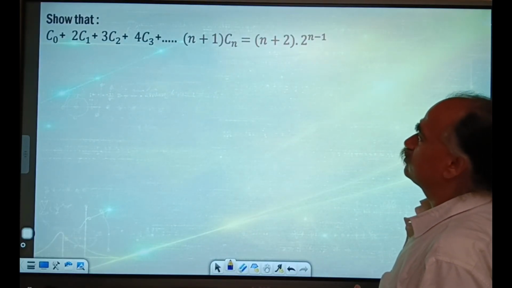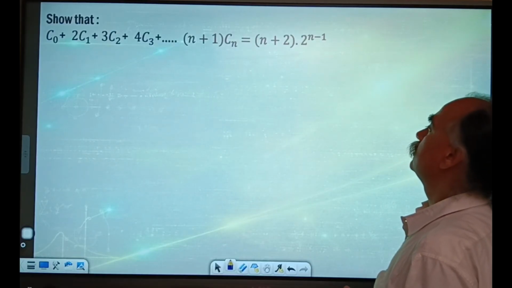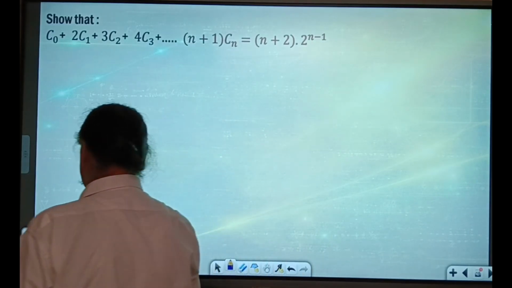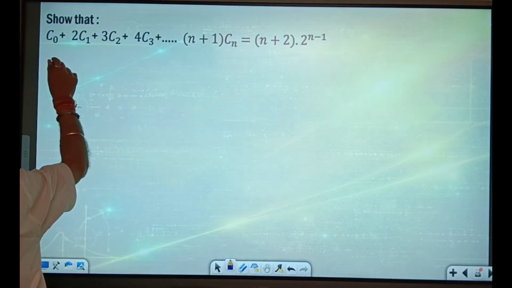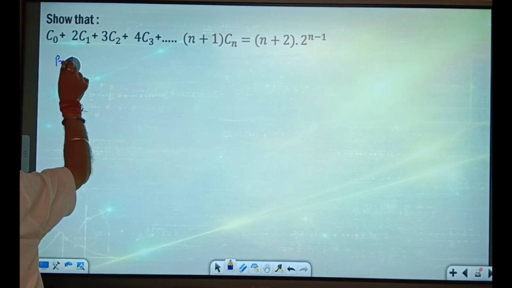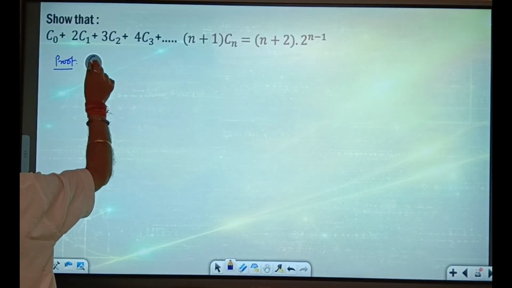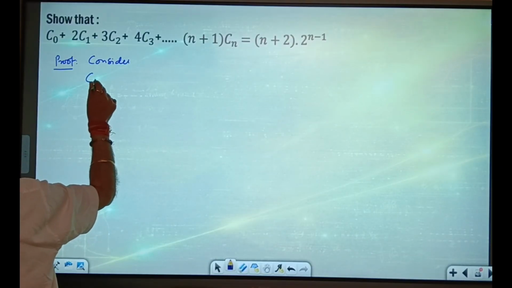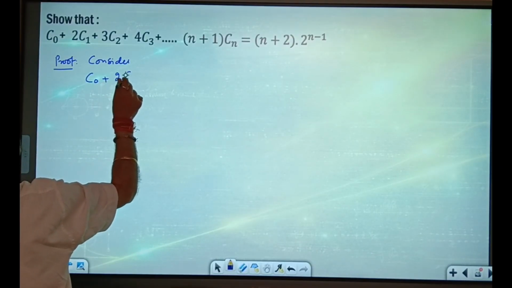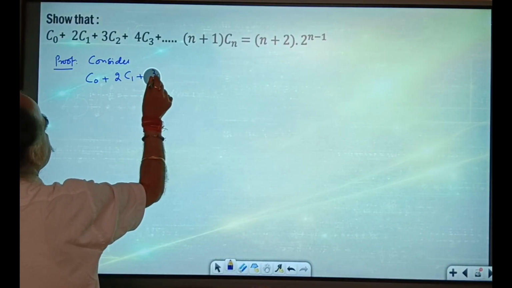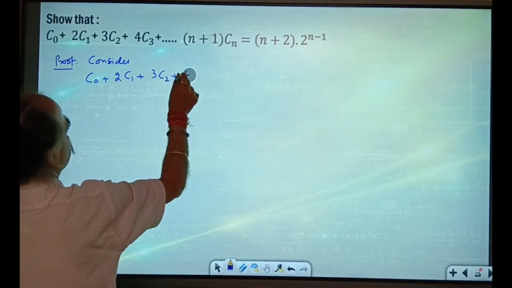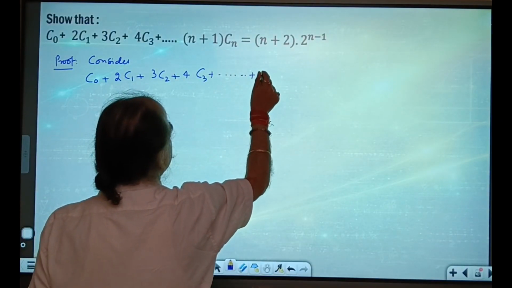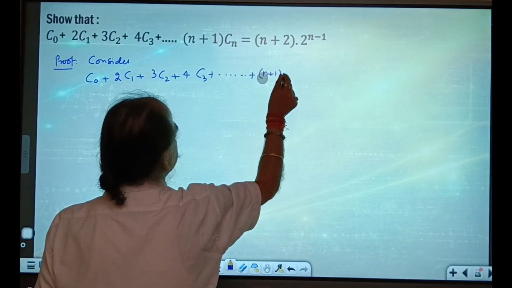Prove that C0 plus 2 into C1 plus 3 into C2 plus 4 into C3 up to n plus 1 into Cn. See the proof. Consider C0 plus 2 times C1 plus 3 times C2 plus 4 times C3 plus n plus 1 times Cn.